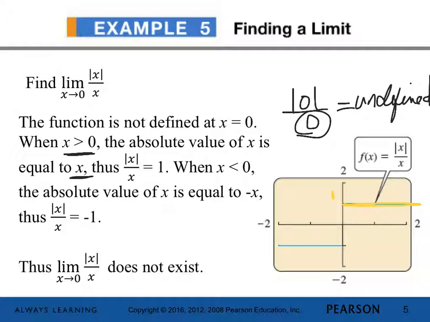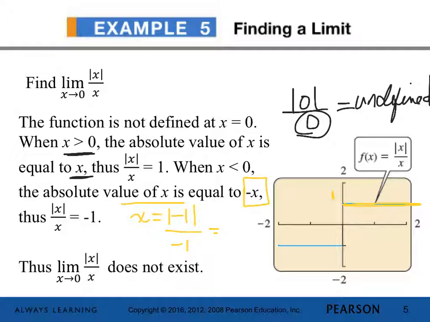However, when x is less than 0, the absolute value of a negative number is equal to the opposite of whatever x is. Now that sounds a little confusing, but if x is negative 1, for example, if we take the absolute value of negative 1 and divide it by negative 1, this is what's going to happen.